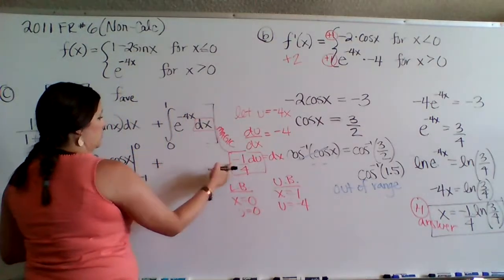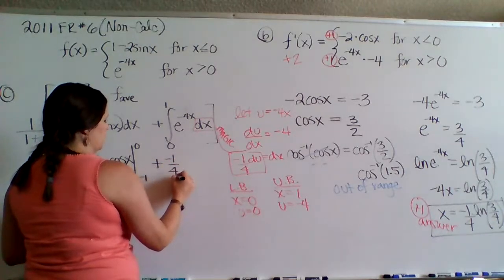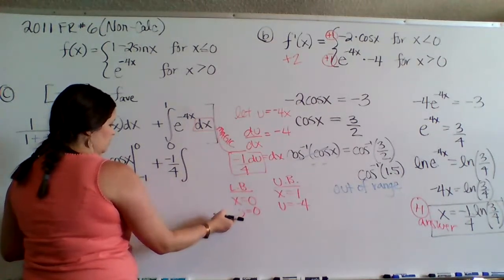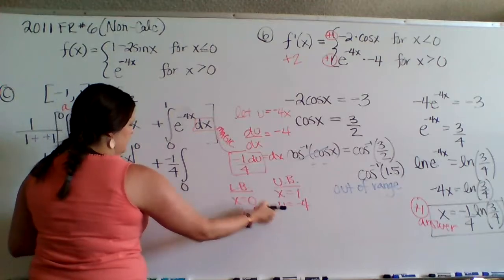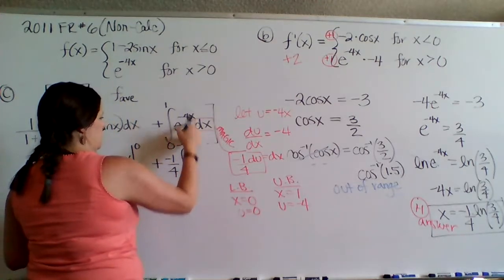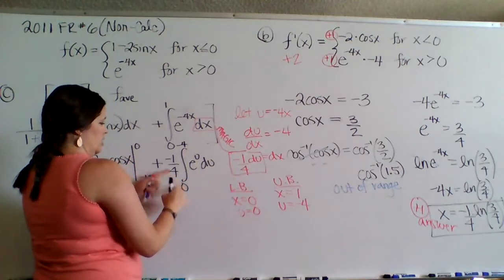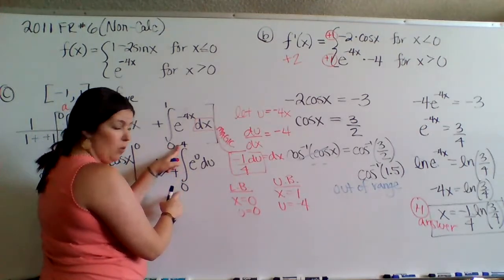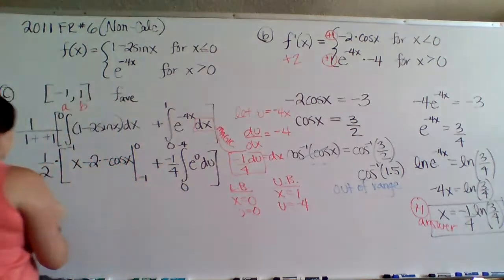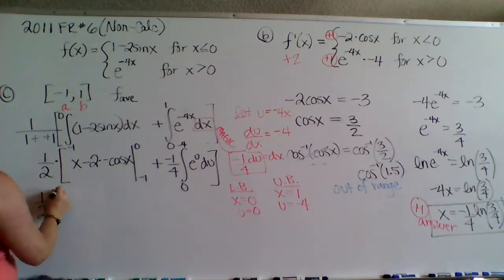So if I pull the -1/4 out in front and write everything in terms of u, my lower boundary in terms of u is 0. My upper boundary in terms of u is -4. This is now e to the u and du because I moved the -1/4 out in front. But since 0 is bigger than -4, I'm going to have to reverse that and negate that definite integral.